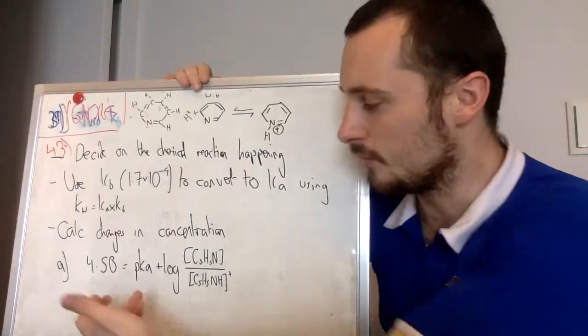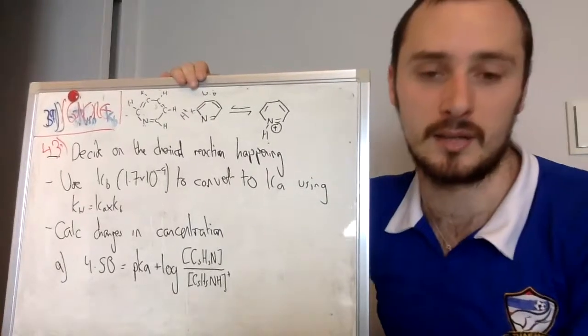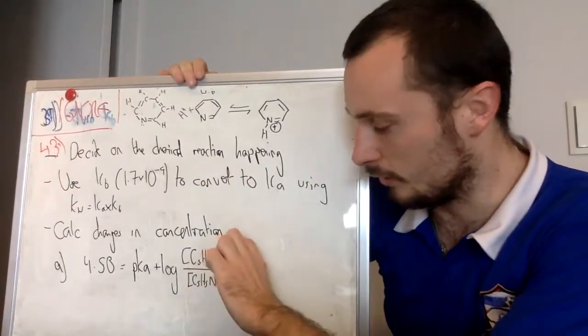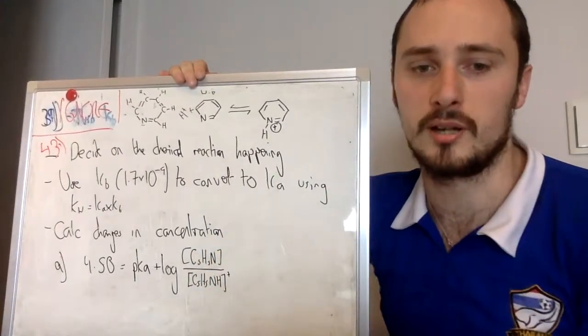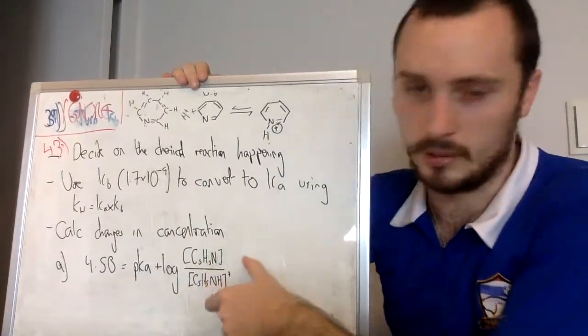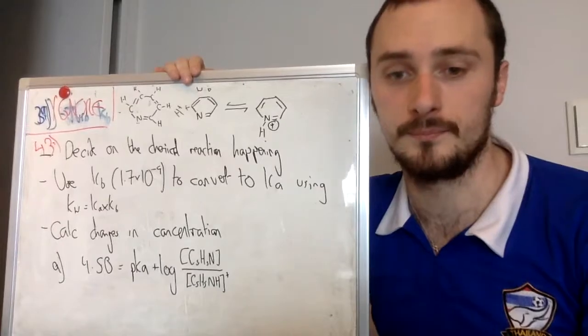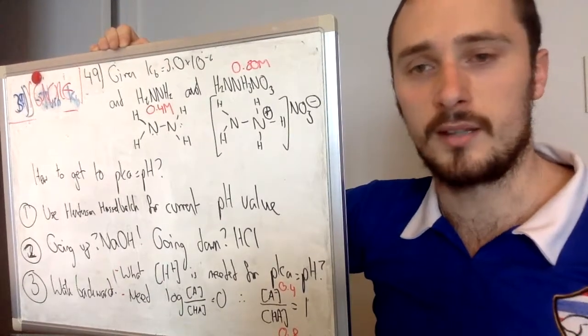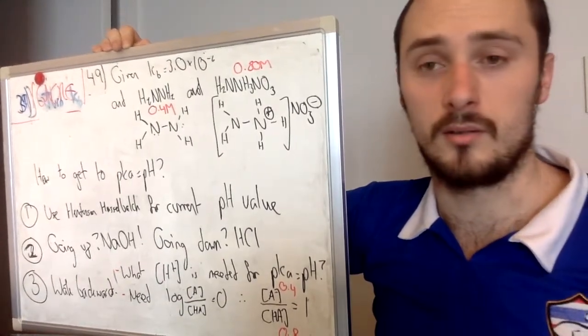So A was 4.50, that pH given, and you're looking for the ratio of these two things, okay? So you just need to use this value you calculated here in order to work out what the ratio is here. Nice and easy.